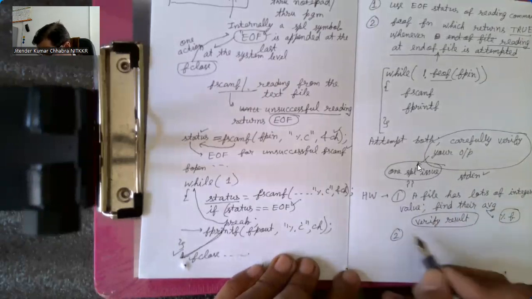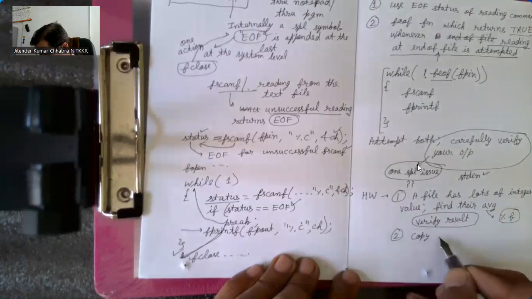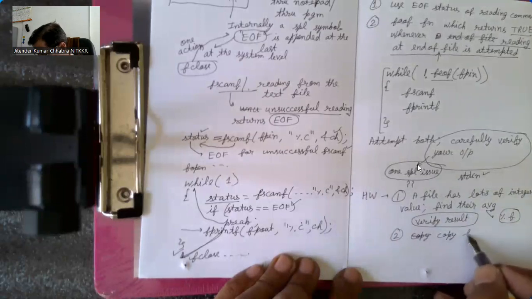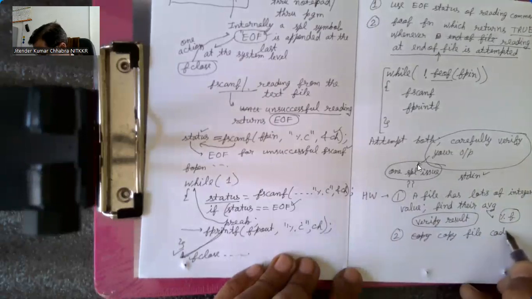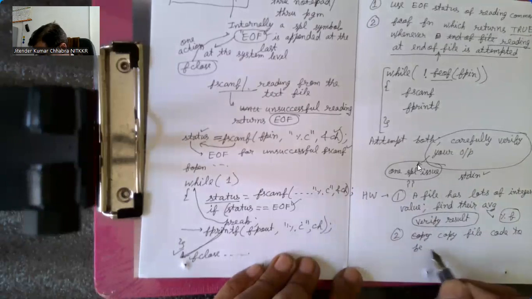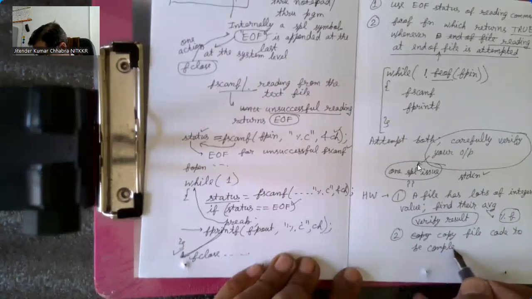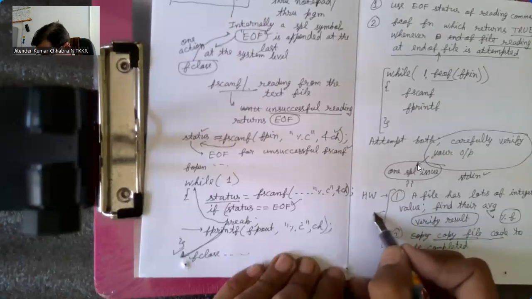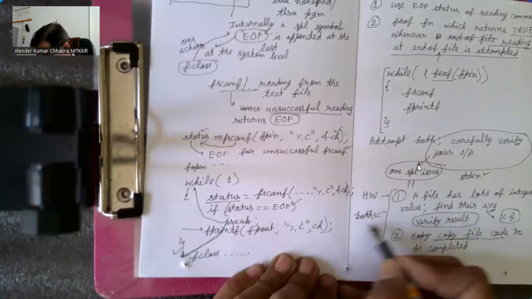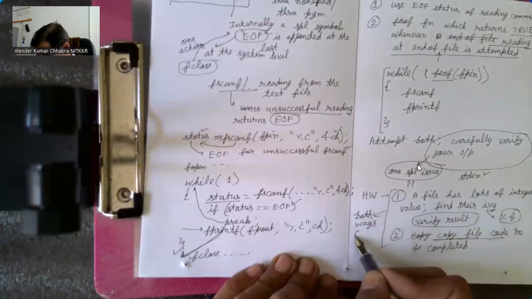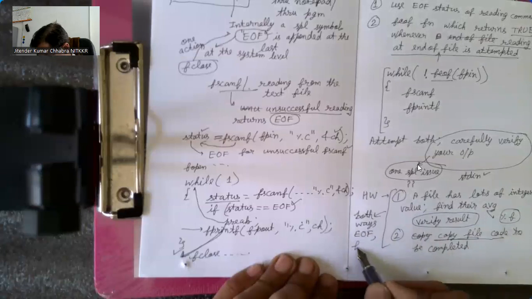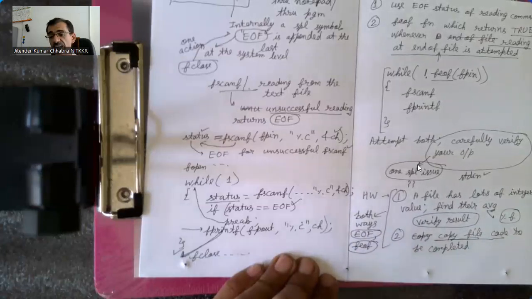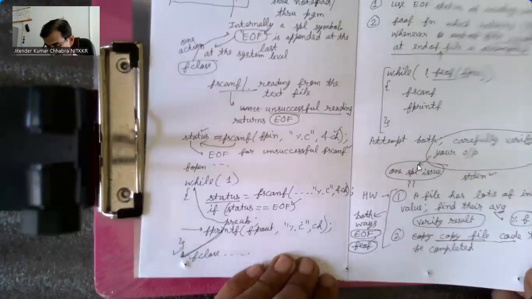And obviously, copying a file, that means whatever we have discussed, the copying a file code is to be completed. So this you must attempt. Both ways you should use, EOF based and feof based. And then you will learn something new.